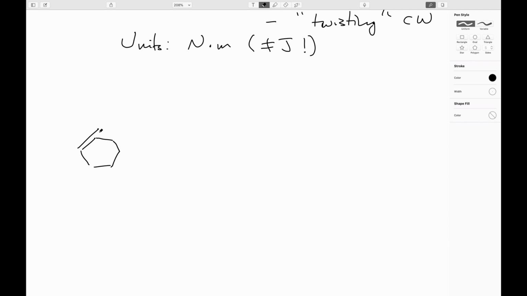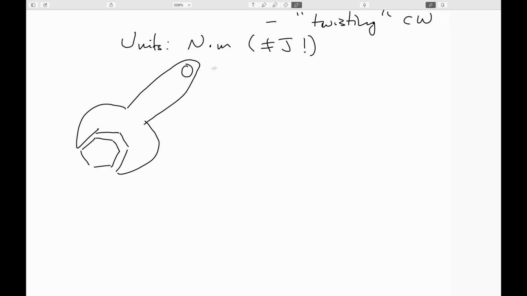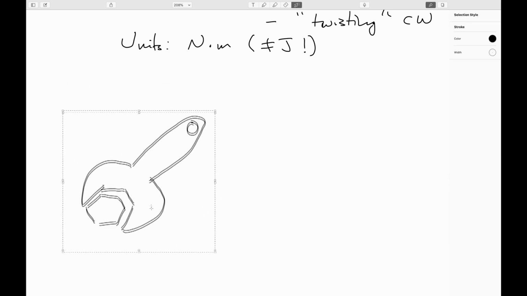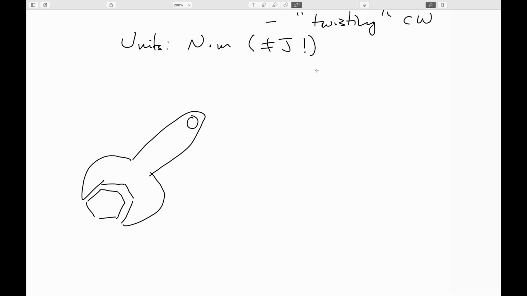That's okay. My wrench is probably going to be worse. If you actually used a wrench that looked like this, it'd probably be a bad sign. All right, I wound up drawing my wrench too close to my words, so I need to move my wrench. There we go.